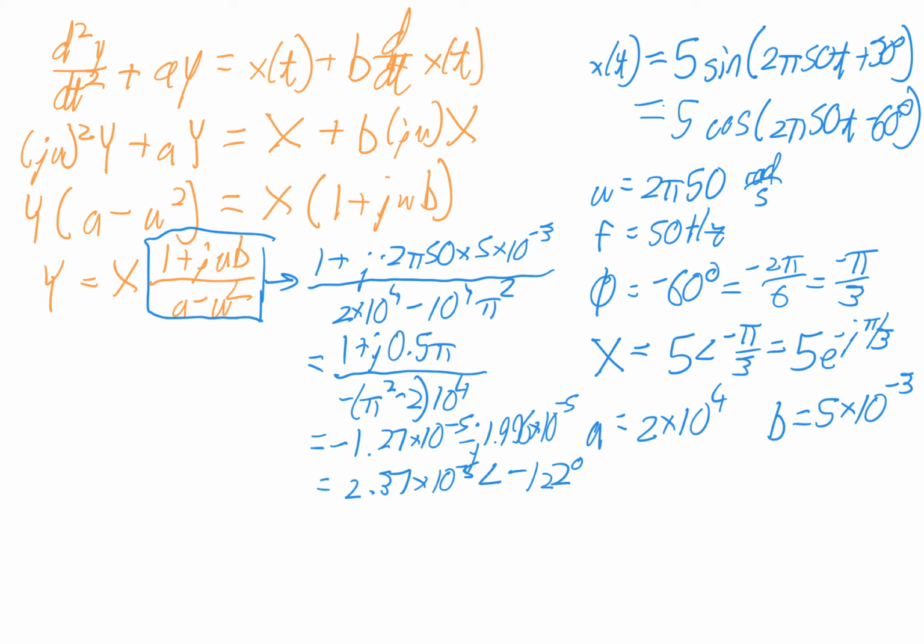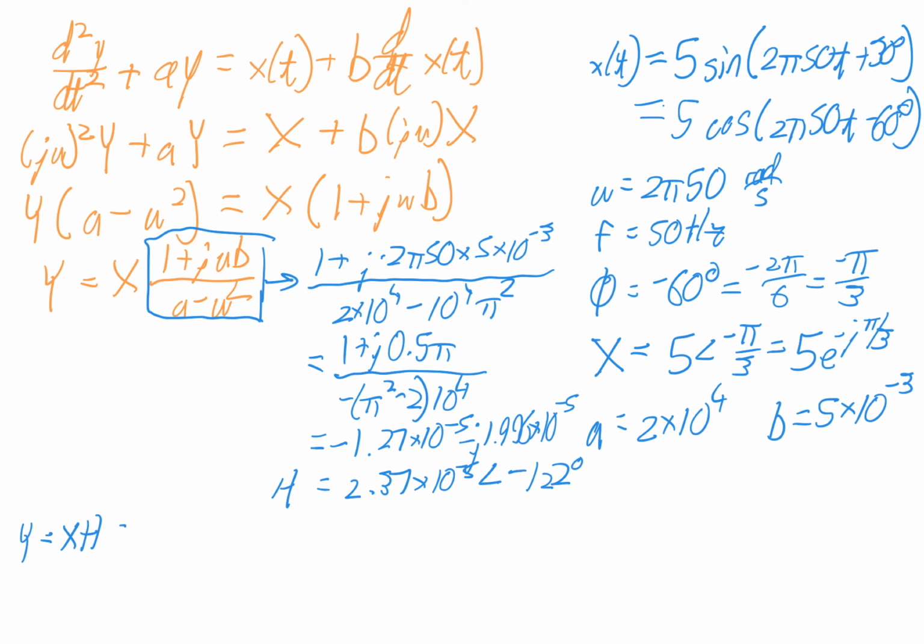And now that we have this factor, we can multiply that times the phasor for x. So let's call this phasor here h, the ratio between y and x. And let's figure out then our output phasor is going to be our input phasor times this phasor h.